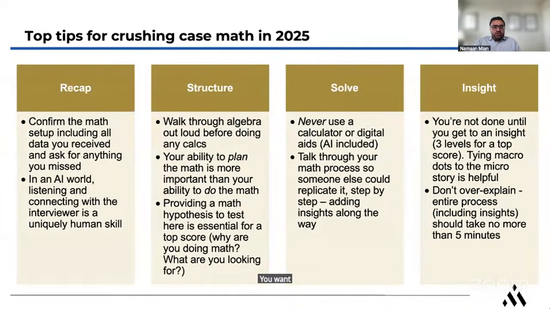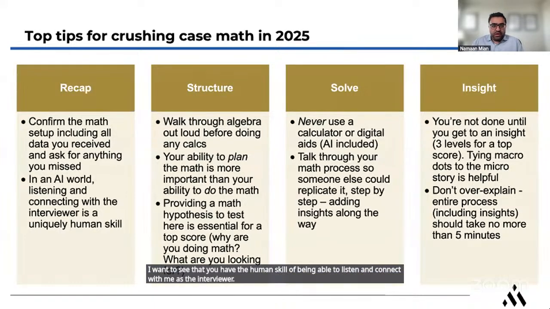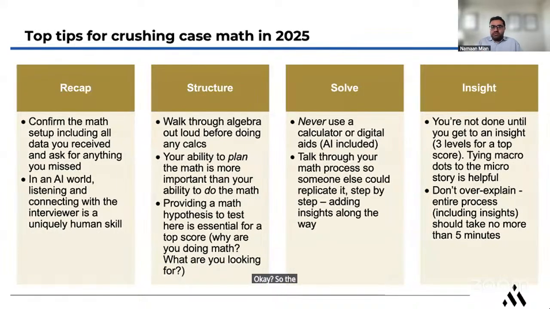You want to make sure you have all the data that the interviewer is giving you, and you want an opportunity to ask for anything that you missed. Now, on top of all the reasons I gave you for why you should recap, the one I want to call out here is just in an increasingly AI-enabled world, I want to see that you have the human skill of being able to listen and connect with me as the interviewer. Okay? So the recap enables you to do that on top of everything else that we've already discussed.